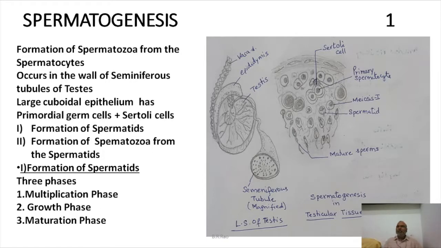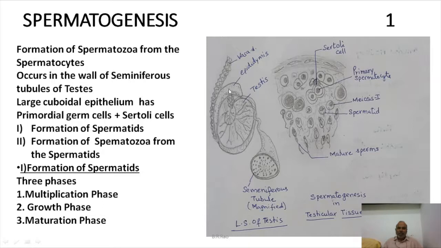The first process, formation of spermatids, further includes 3 stages: a multiplication phase, a growth phase, and the third one, the maturation phase. Let me explain this. This is the testis, and on the testis there are the rete testis and small vasa efferentia.